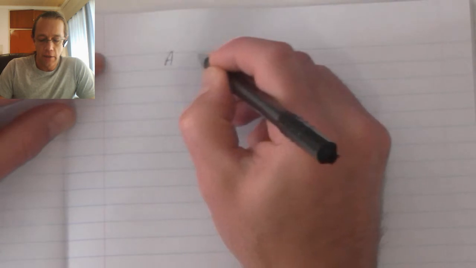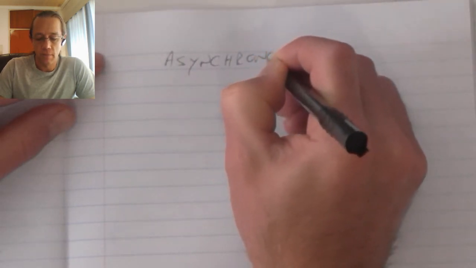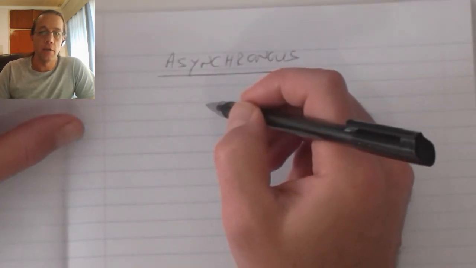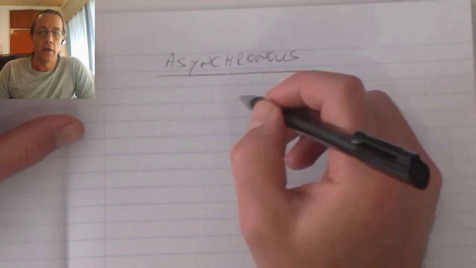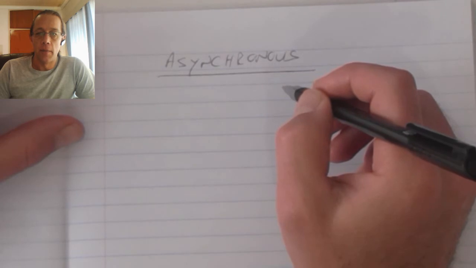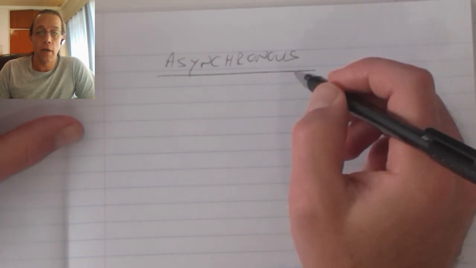In the asynchronous communication, what happens there is the transmitter and the receiver do not need to be synchronized with each other by means of a clock pulse. The receiver only synchronizes when incoming data is being transferred.